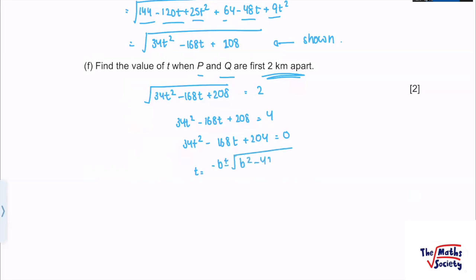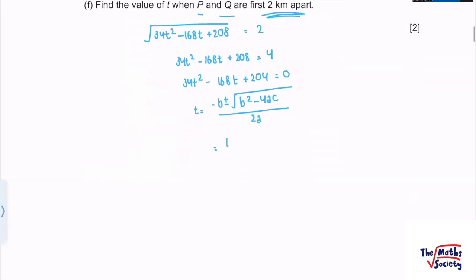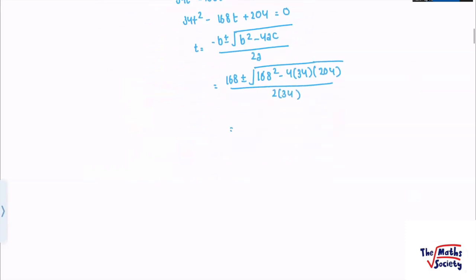Minus b, that's 168, you got minus already, so you don't need it. Plus or minus the square root of 168 squared minus 4 times a, which is 34, times c, which is 204, and that is divided by 2 times a, which is 34. So you will get 2.79 or 2.15. And we know that we need to reject this one.